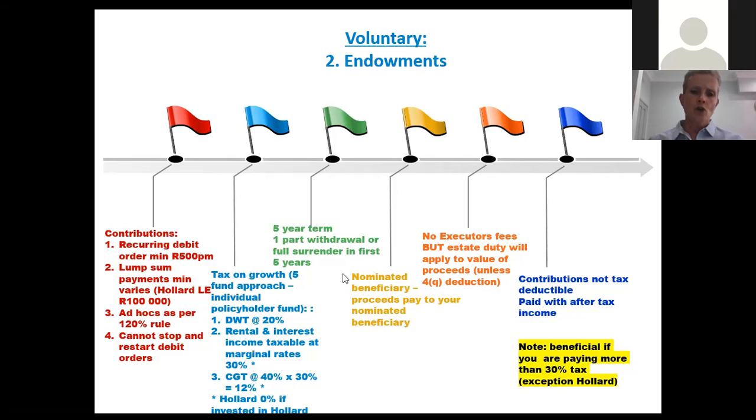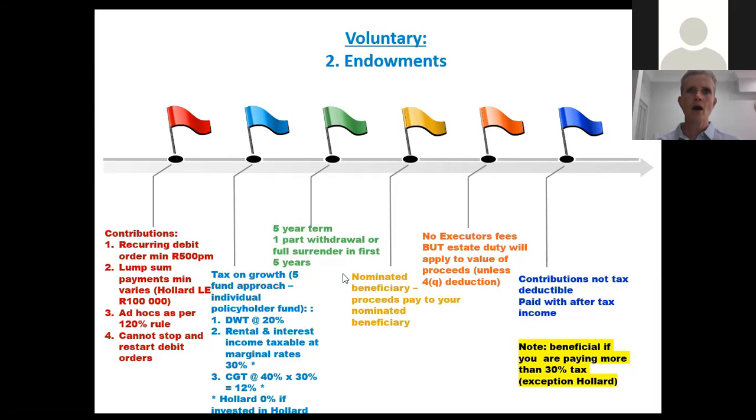Then moving on to the term, all of the endowments have a minimum of 5 years, and that is for tax purposes to give you the 5-fund approach, that individual policyholder fund, tax benefit of paying less on income tax and capital gains tax. You are allowed one part withdrawal or one full surrender within the first 5 years. And the trick here is a lot of the companies offer you the option where they bundle your money into sub-policies.